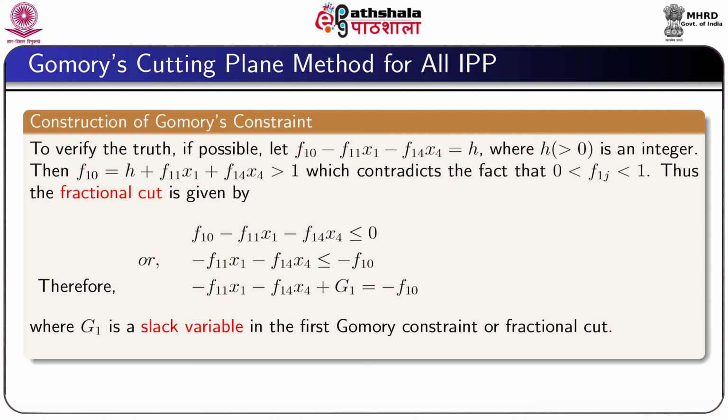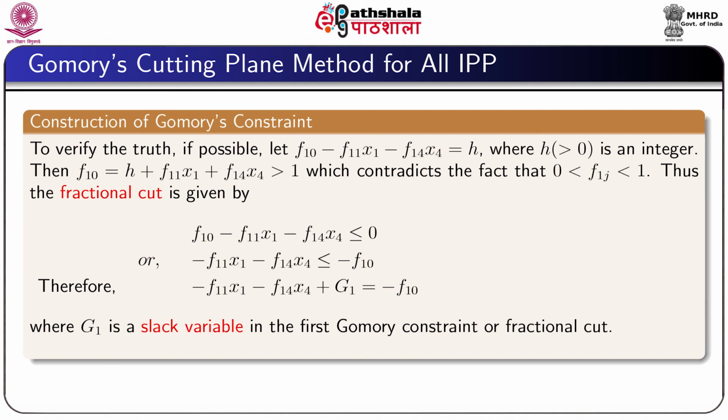To verify the truth, if possible, let us assume that F10 minus F11 x1 minus F14 x4 equals h, where h is an integer greater than 0. Then we have F10 equals h plus F11 x1 plus F14 x4, which is greater than 1, and it contradicts the fact that F1j is a fraction.